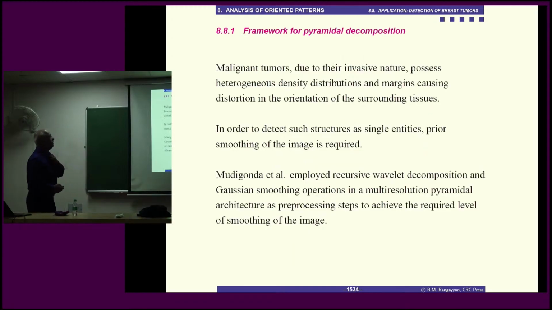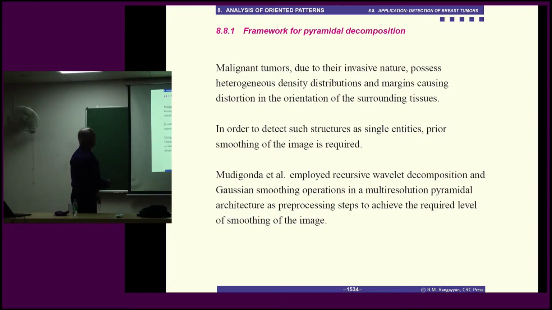So there is a framework for pyramidal decomposition that Naga Mudigonda created. There is recursive wavelet decomposition and Gaussian smoothing, and because you're smoothing, you're getting smoother and smoother images, and it is multi-resolution, and each image is smaller than the original. You may start with a 1024 by 1024, or a 4000 by 4000 image.